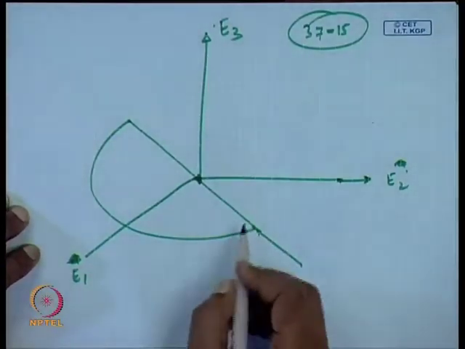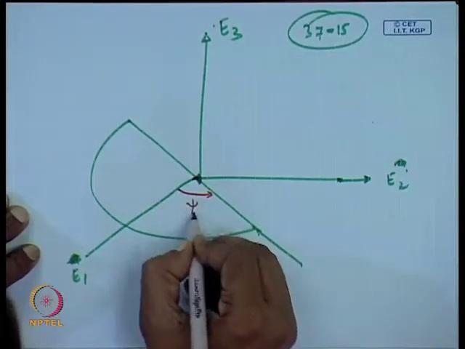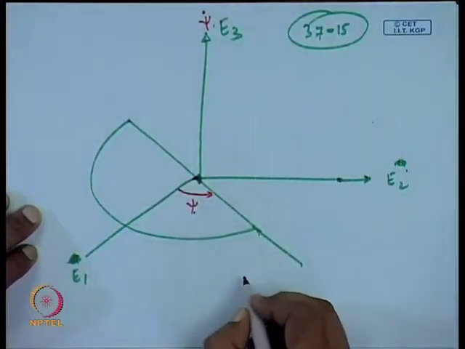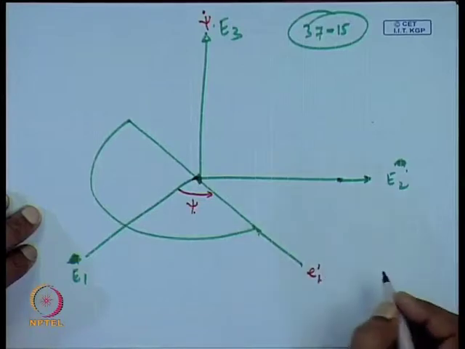So, the first rotation we give by angle psi. So, psi dot is along this direction, okay. And your new orientation is E1 prime.